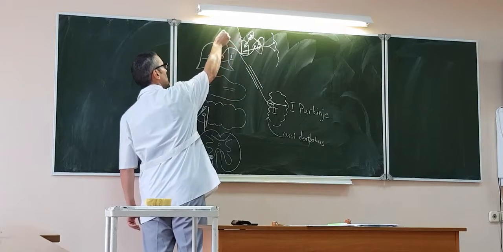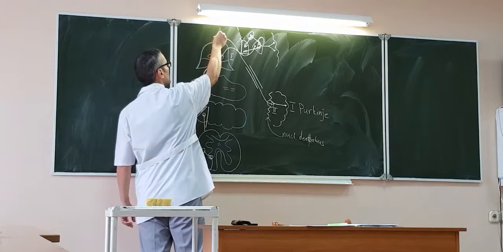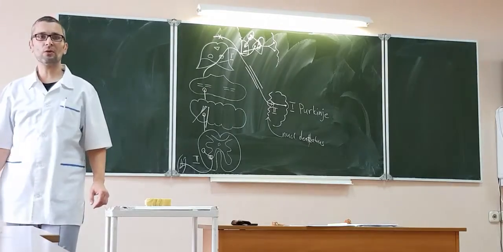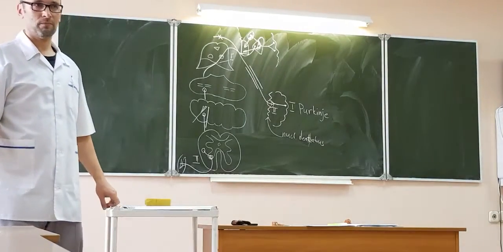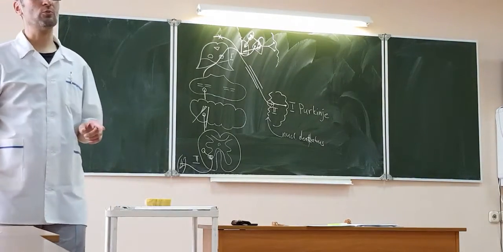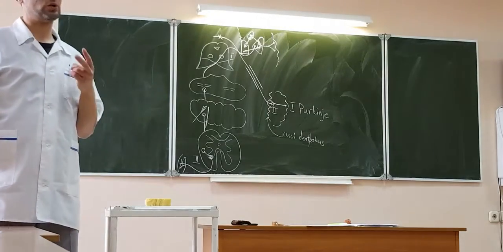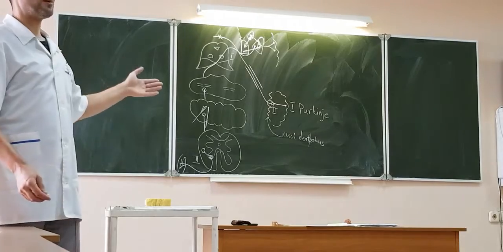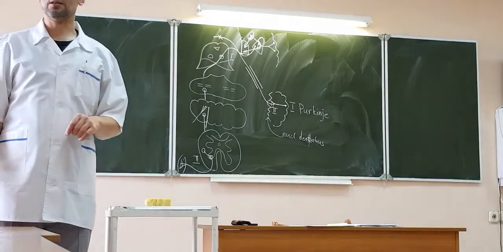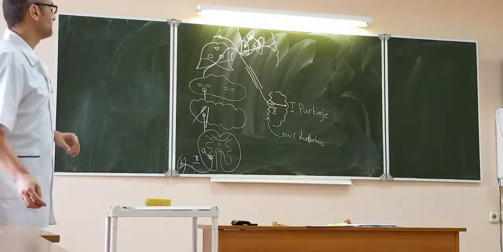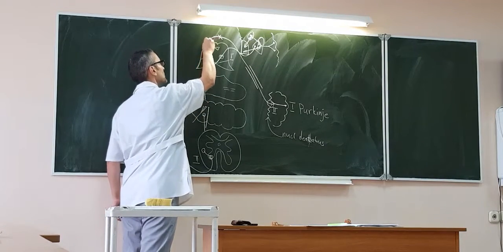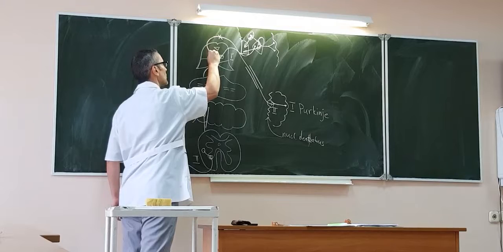This tract crosses the midline through the superior medullary velum. That's why now you know that in the superior medullary velum we can find two tracts crossing. One is the tractus cerebellorubrospinalis, but the second one is Gowers' tract. So it decussates, goes to the contralateral side, and then comes to the red nucleus.